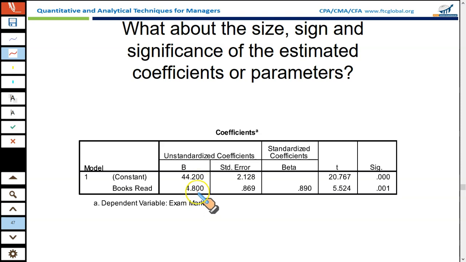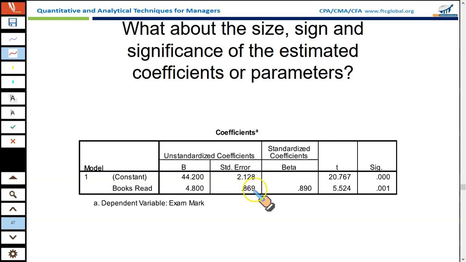What about this number of books read? Every book read gets you 4.8% extra score. So each additional book you read is associated with an increase of 4.8% marks in the exam. Okay, then what we have is the standard error. This measures the accuracy of the coefficient estimates. A low value indicates more precise estimates.